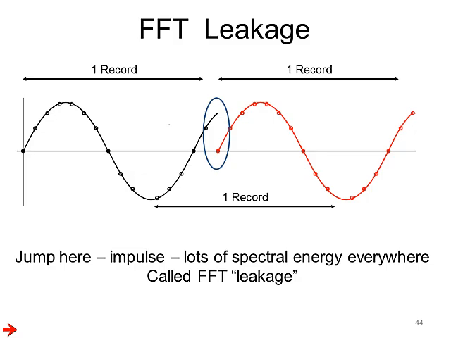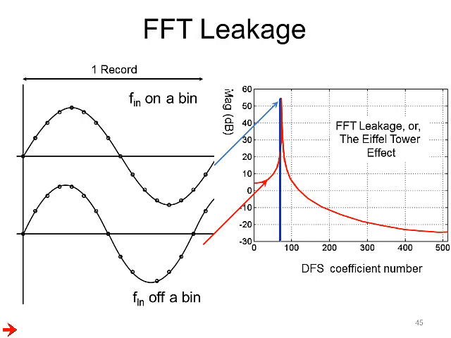Whenever there's a jump in the time domain, we all know that there will be a lot of high frequency energy because of the impulse. And there will be spectral energy everywhere, and this is what is called FFT leakage. And is shown in this slide.